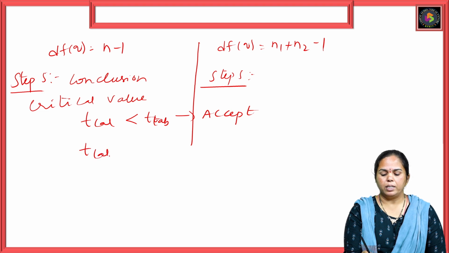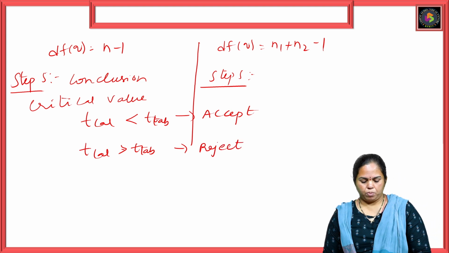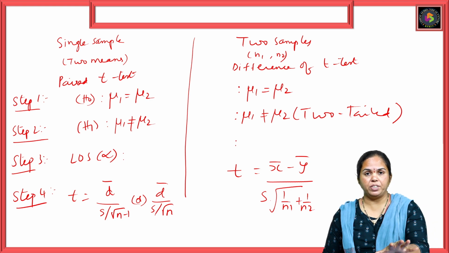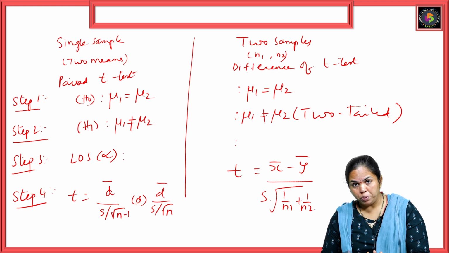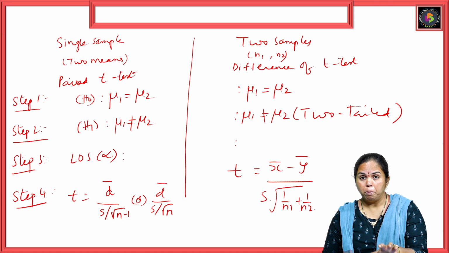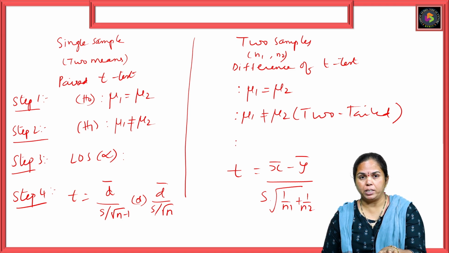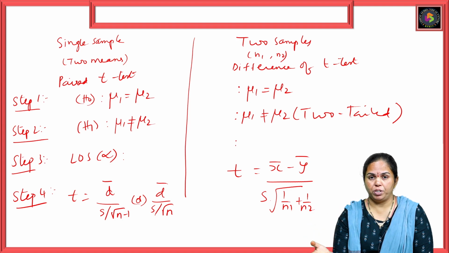If t calculated is greater than t tabulated, we reject. Once again, we'll discuss here. If you have a single sample with two means, then you apply paired t-test. Single sample, two means, paired t-test. Two samples, two means, difference of t-test.